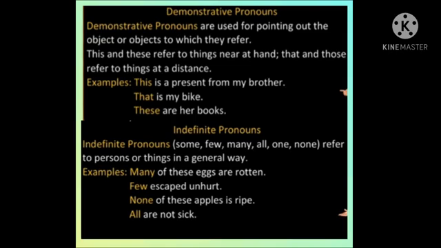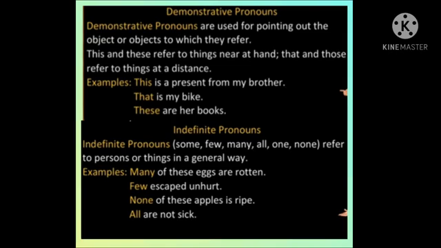It can be one, two, three, hundreds, anything. Then we can see, many of these eggs are rotten. We don't know how many eggs are rotten. Then none of these apples is ripe. There also we don't know how many apples. If it is indefinite, it means we are not sure.